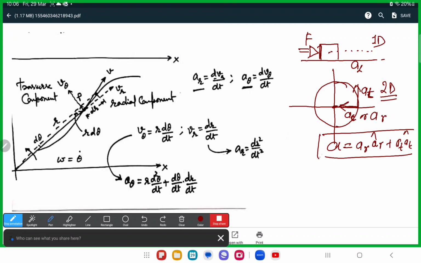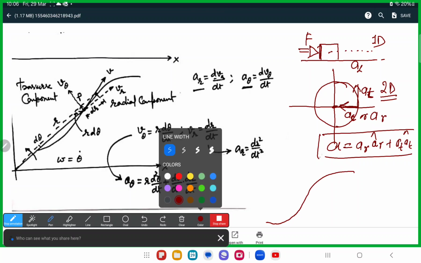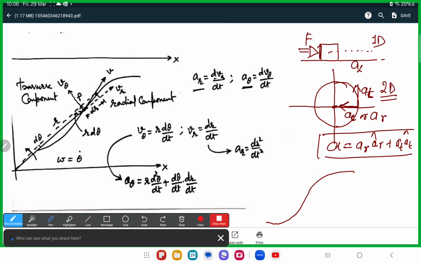Now let me tell you the more general case. So the more general case is, let's say this is curvilinear motion. I repeat, in your examination, circular motion and projectile are specific cases of 2D motion. So what exactly happens if I take some reference?